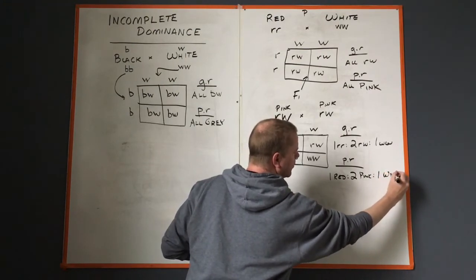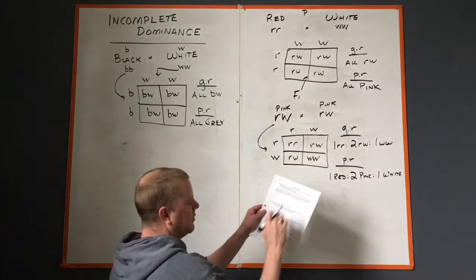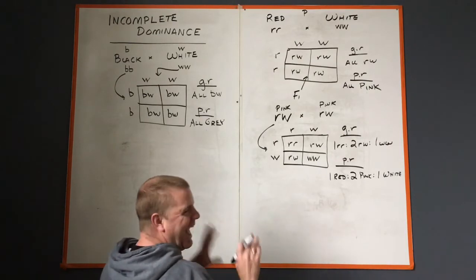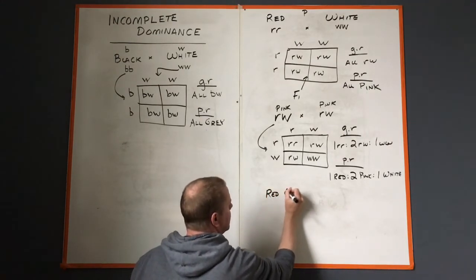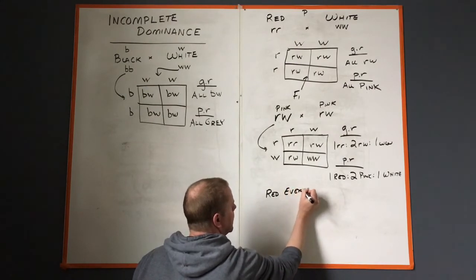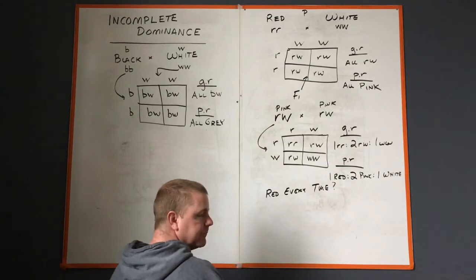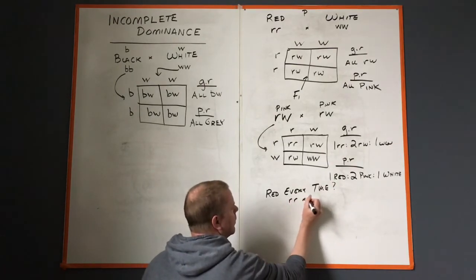So my last question before I release you to do some crosses and do this kind of thing is this. So if I wanted to get red every time, is there a way for me to do that? Well, what if I crossed a red RR with an RR?